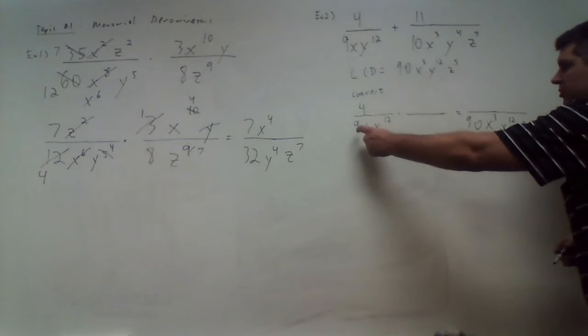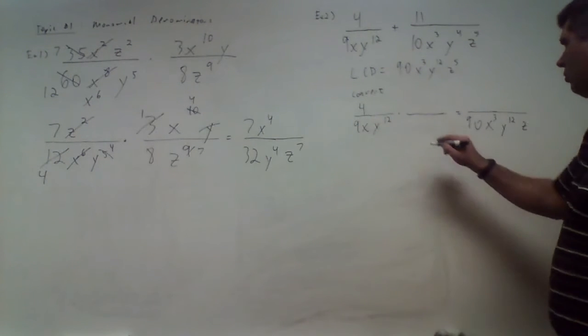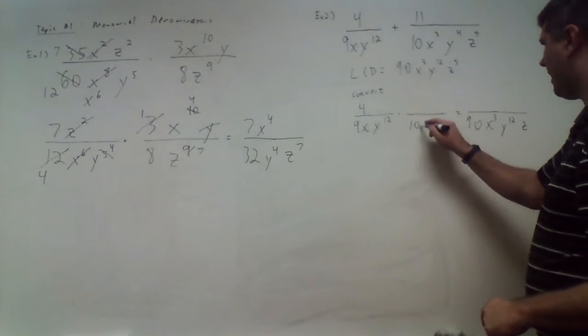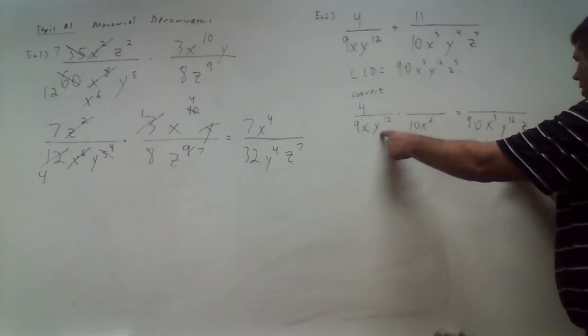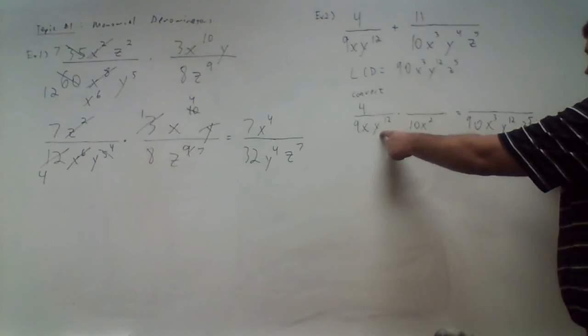So to multiply 9 by something and get 90, we'll need to multiply by 10. To get from x to x cubed, we're going to need to multiply it by x squared. The y's don't need anything, but to get to z to the fifth, we're also going to need to multiply by z to the fifth.